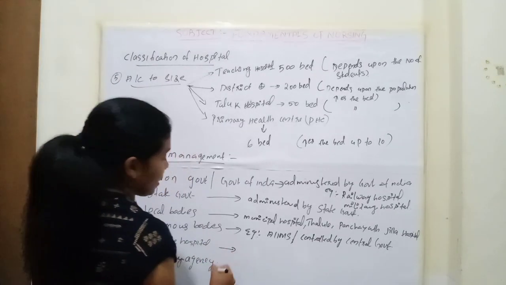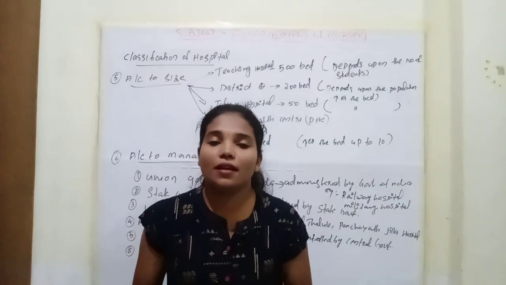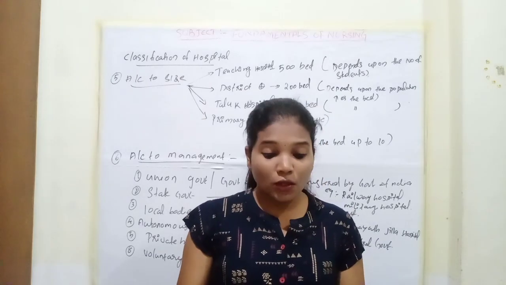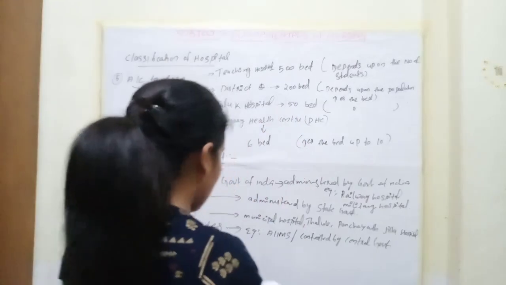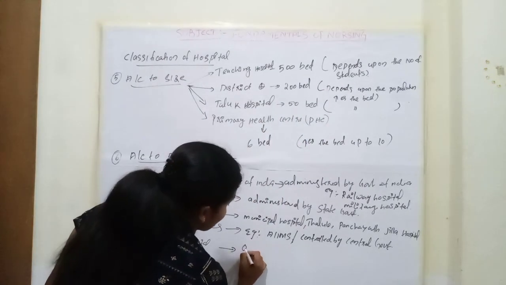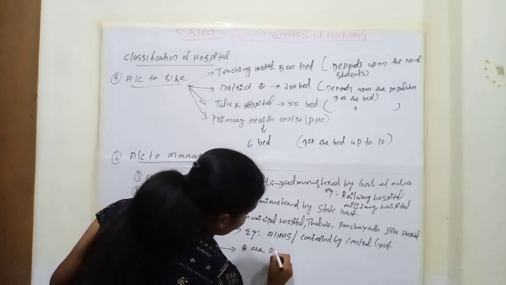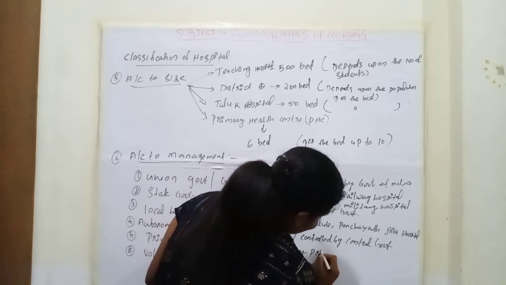And next one is the private hospital. Anywhere you look you can see private hospitals, which are under the control of a private organization. The hospitals are owned by a private organization.